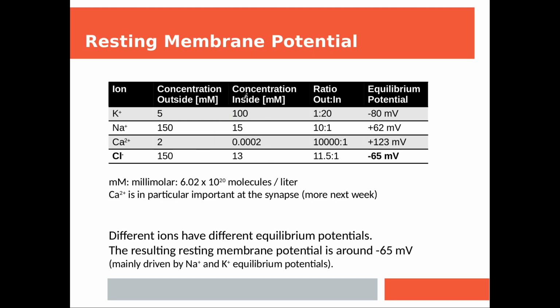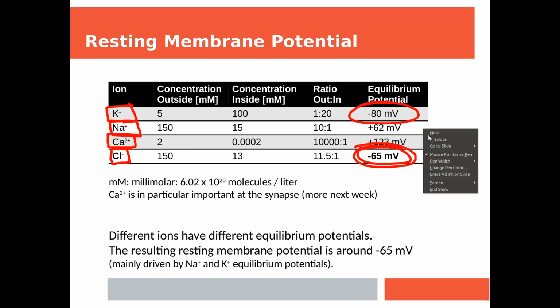And the resting membrane potential and, of course, the equilibrium potentials will change based on the concentrations inside and outside the cell. So you can see I've listed here for potassium, sodium, and calcium and chloride the different potentials. So you can see chloride wants to go negative, so does potassium.